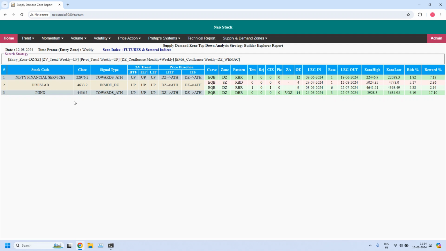Okay, this is about demand zones having weekly EMA confluence, weekly demand zones, and also having a monthly EMA confluence.